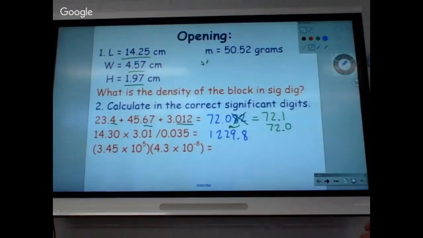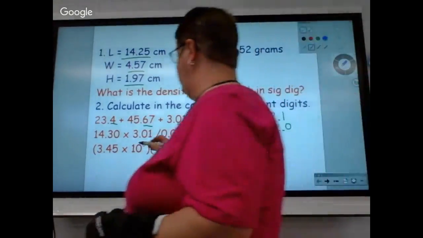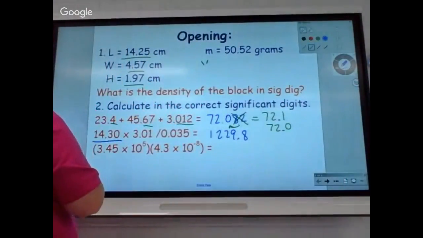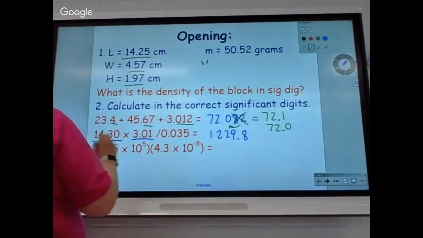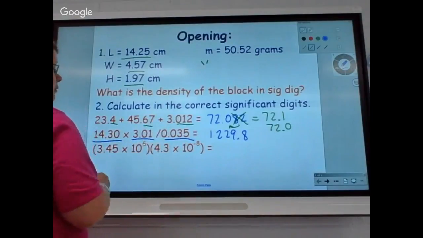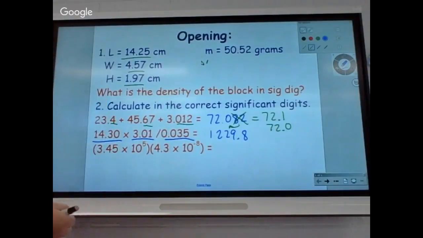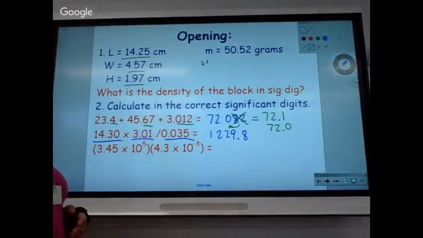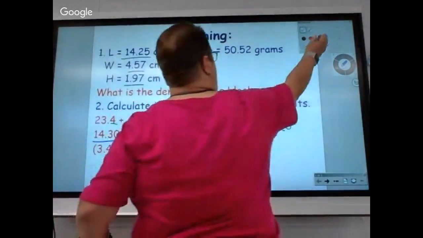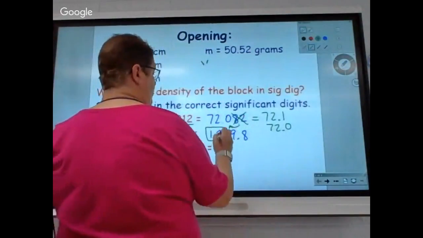So this time we're using what rule? Significant digits. So how many significant digits do I have here? 4 here and here. So 4, 3, and 2. How many do I want there? So how am I going to round that number to 2? Okay, so this time I only want these 2, right?